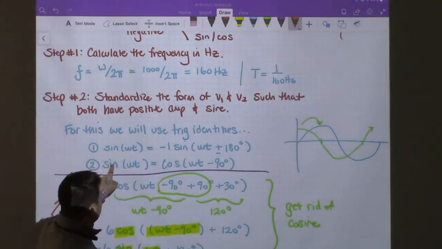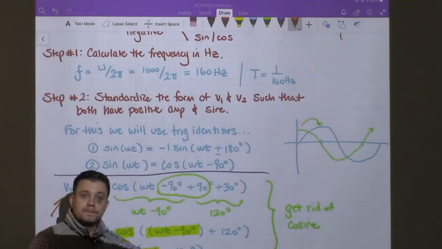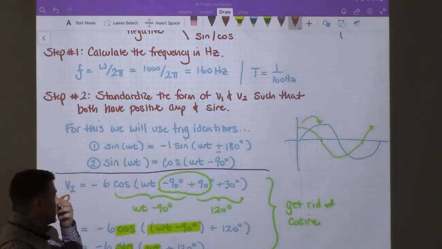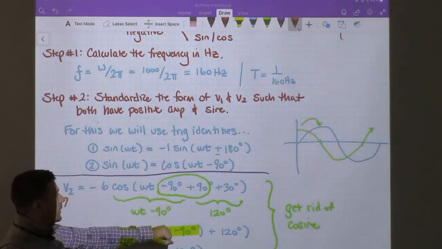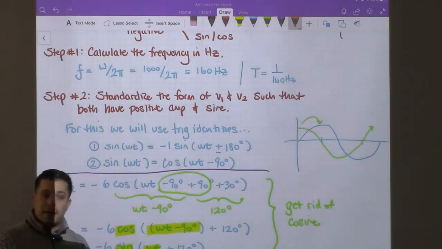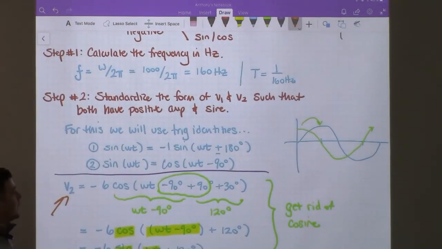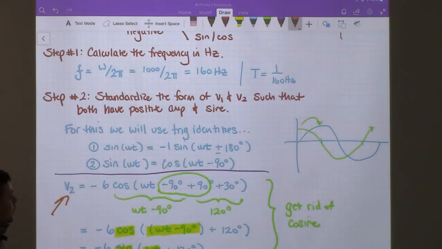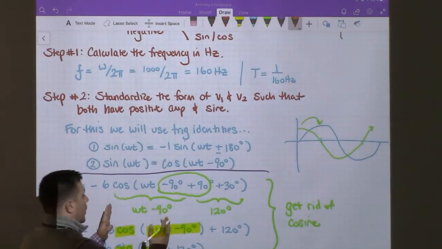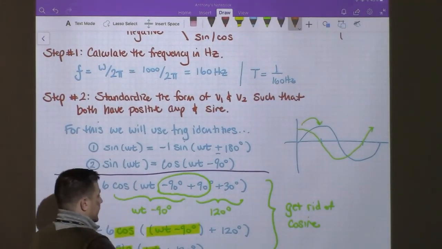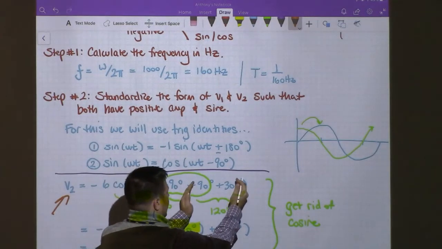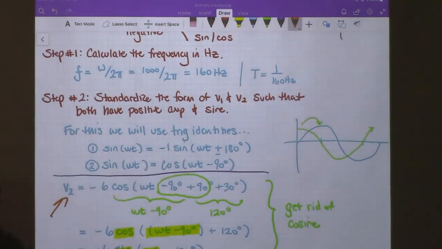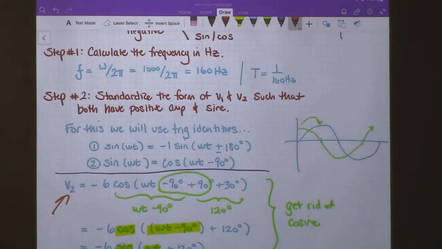However, we want to get it into this form right here. So I'm going to subtract the 90, and add a 90. I'll pull part of it out, that'll be the omega t minus 90, and then the plus 90, I'm going to push over here and group it in with the phase shift.